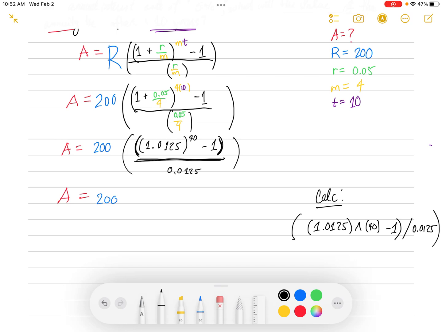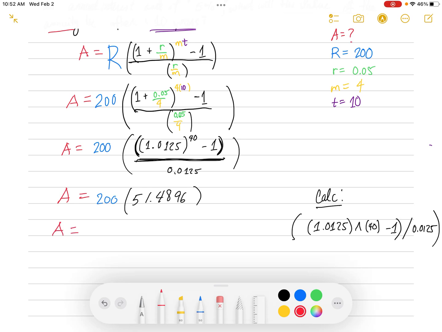So when I did that in my calculator, I got 51.48. But let's take it to 4 decimal places: 51.4896, just for accuracy's sake.